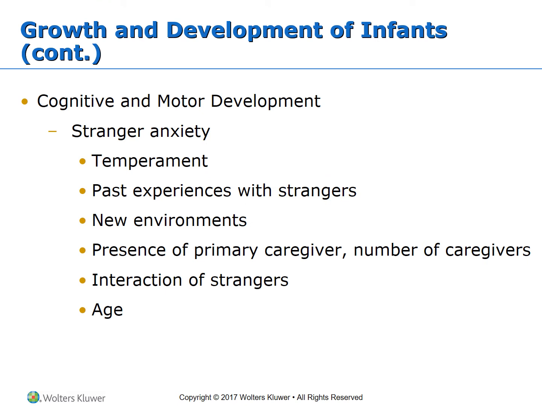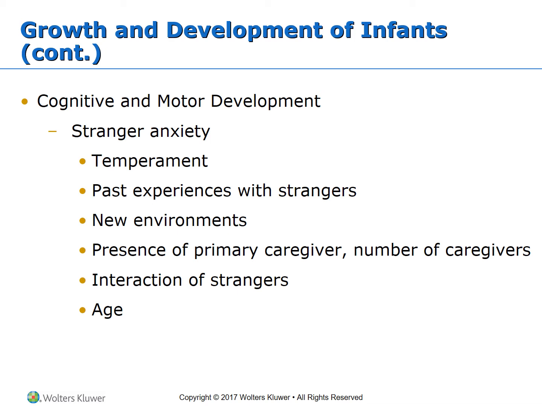So, stranger anxiety, their temperament. Some children are more fearful than others. Their past experiences with strangers. They only want to be picked up by their primary caregivers. New environments. They become accustomed to routines and physical surroundings. Presence of primary caregiver.